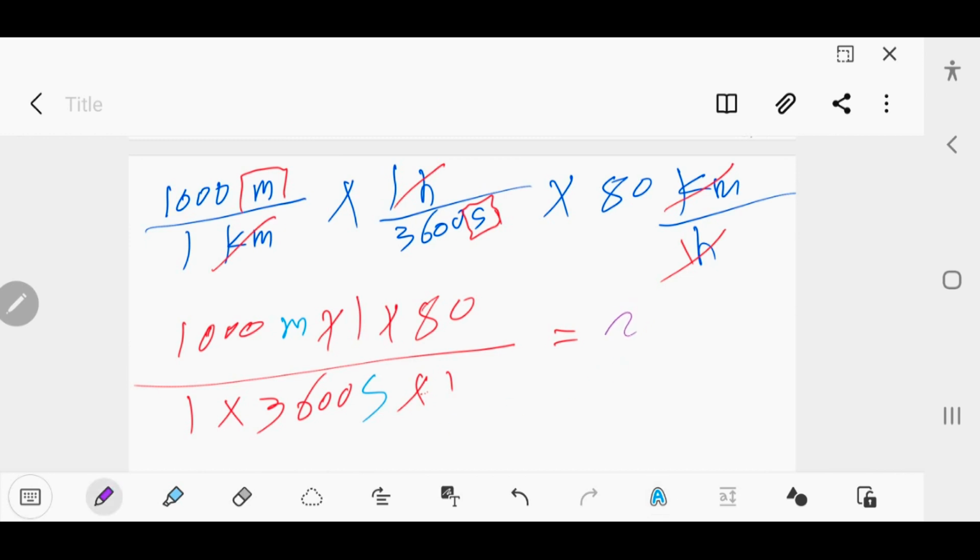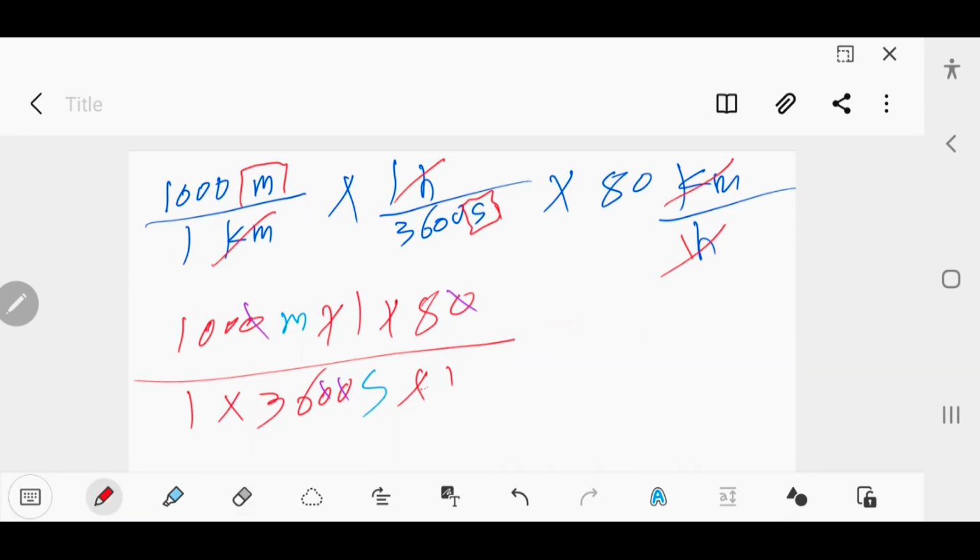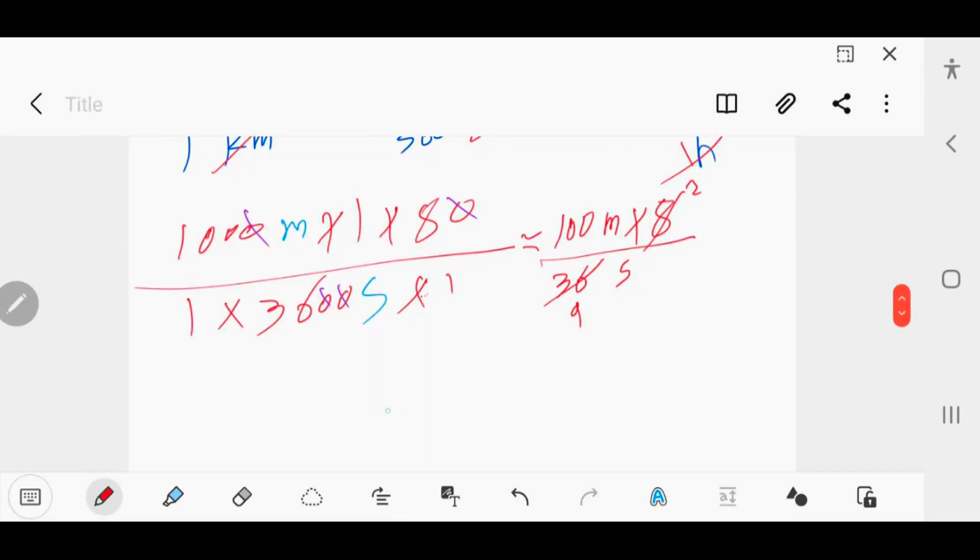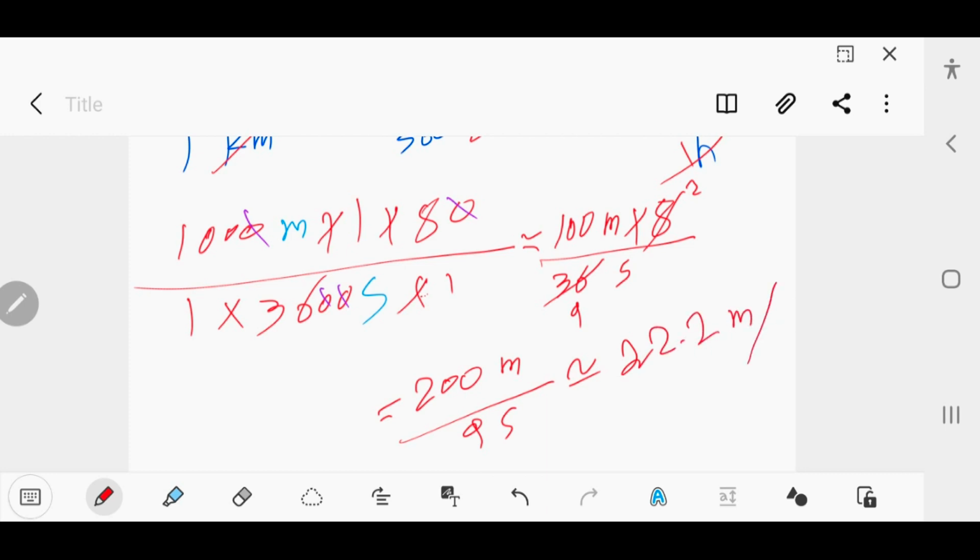Zero gone with this zero, this zero also, this zero. So guys, it will equal 100 meter times 8 over 36 second, so we will have 200 meters over 9 seconds, which is almost 22.2 meters per second.